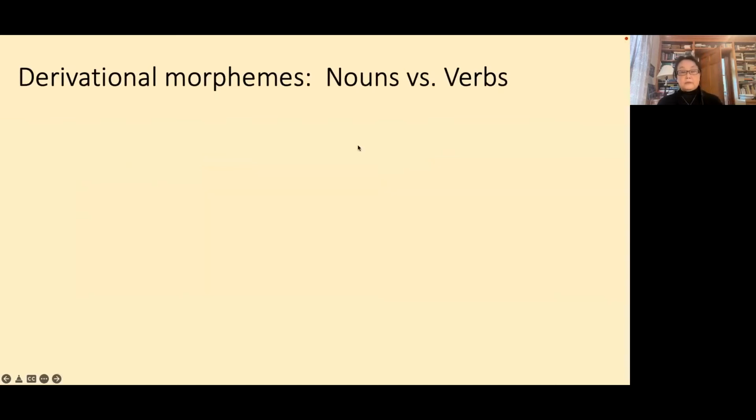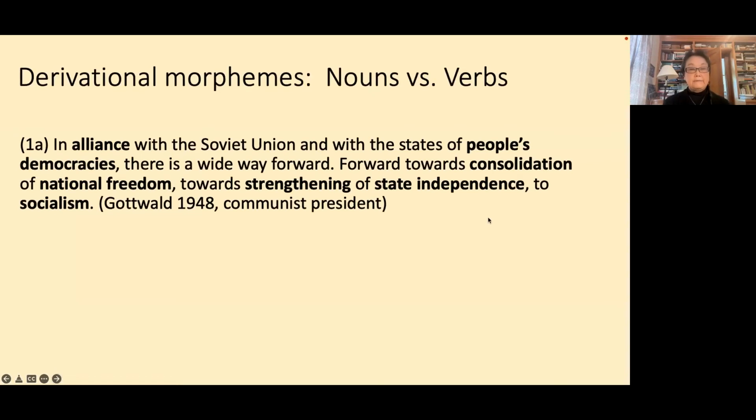What we are going to look at is the distribution of nouns and verbs, and I would like you to take a look at this example, taken from Gottwald 1948. This is the first communist president of Czechoslovakia.